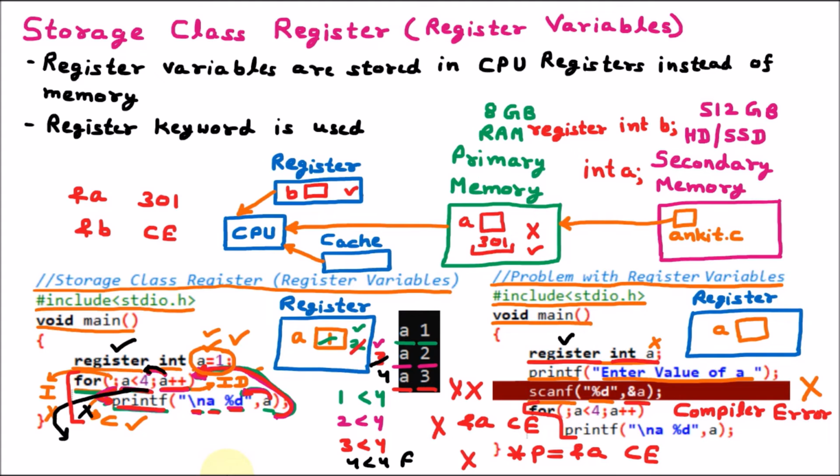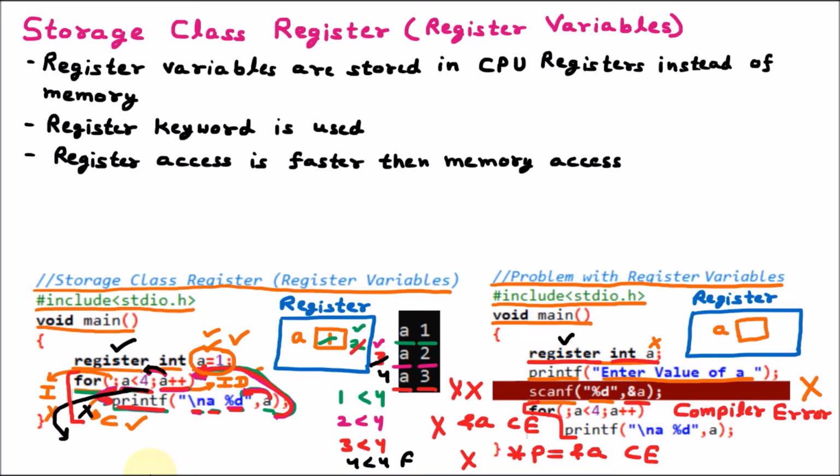We use register variables because registers are near the CPU and their access is faster than normal memory. So if you use register variables in your program, your program will run faster.